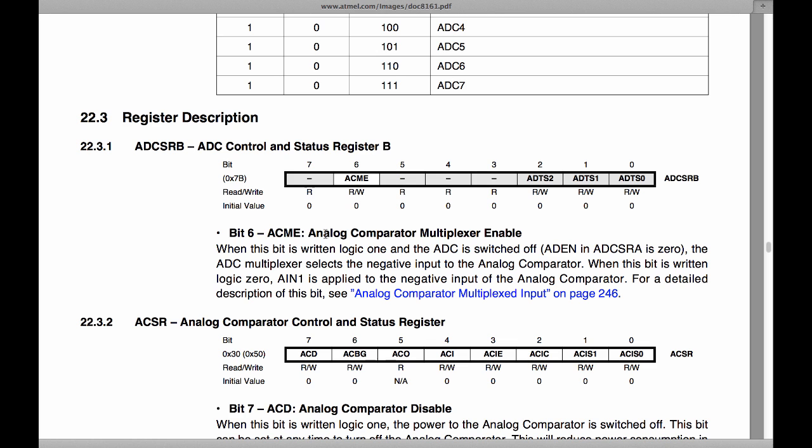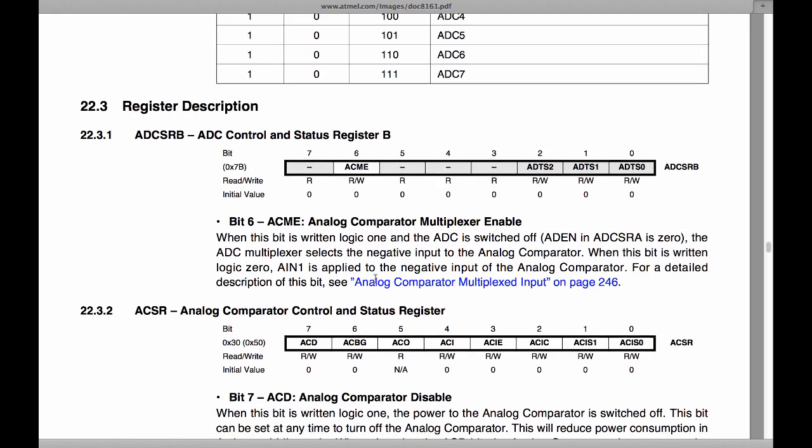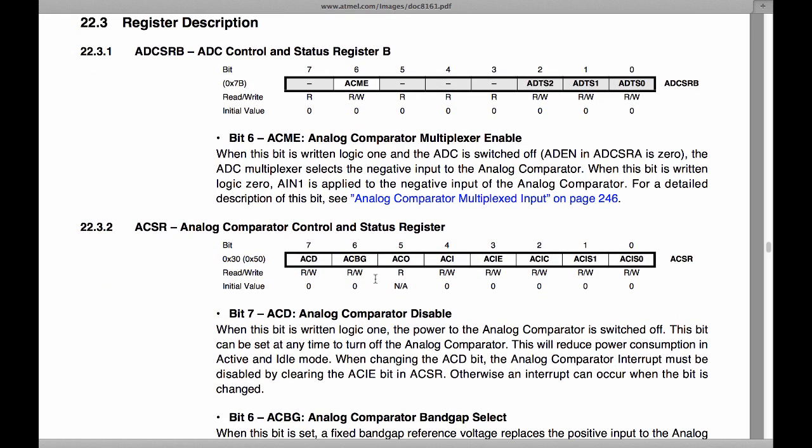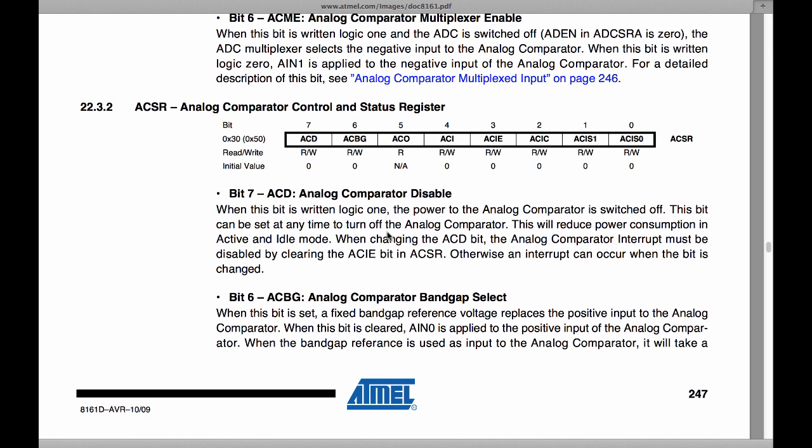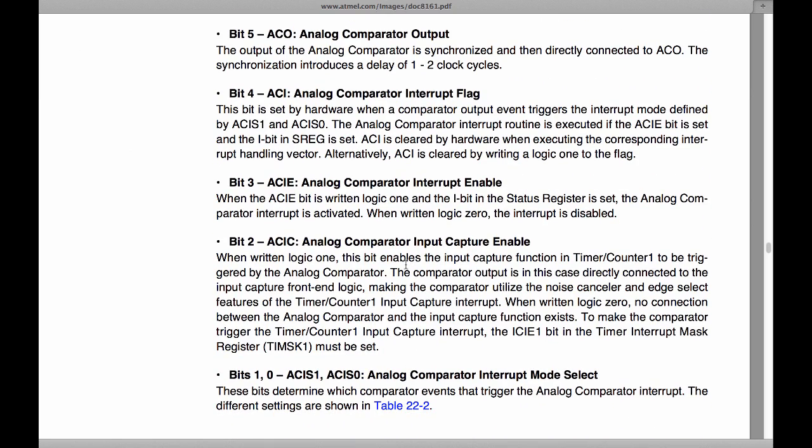The convenient thing about using the SBI and CBI functions is we can just use this name and then say set or clear and do exactly what they suggest here, and then it usually works. So it's a very convenient way to deal with these somewhat cryptic bit names and register names. Just by reading the datasheet, they basically tell you what to set to 1 and to 0, etc. Okay, back to the Arduino sketch.